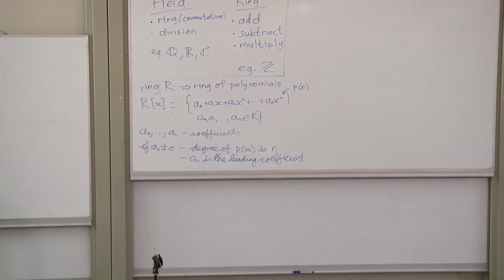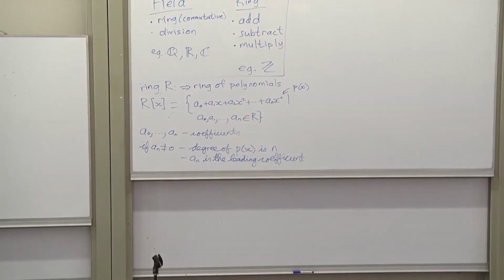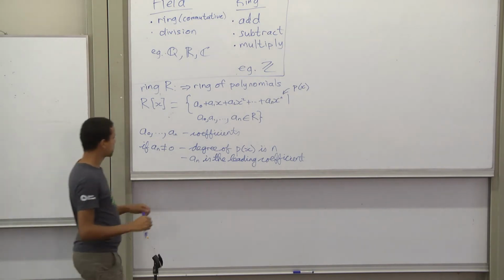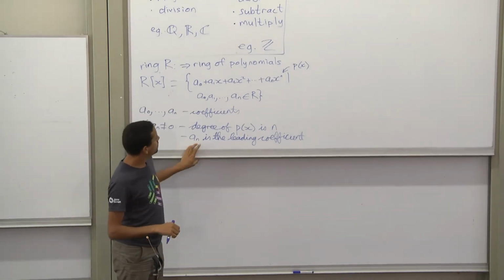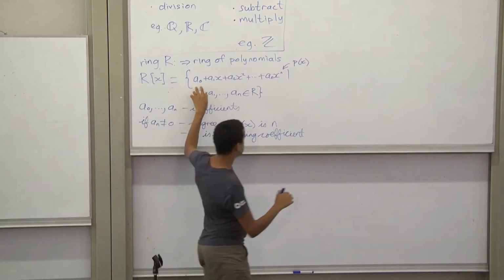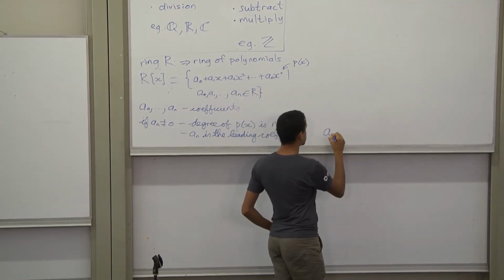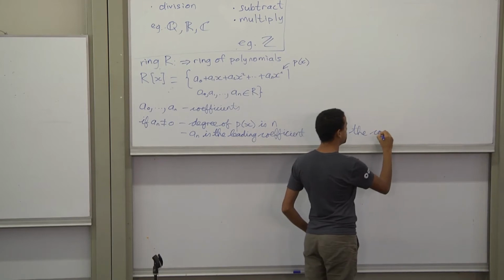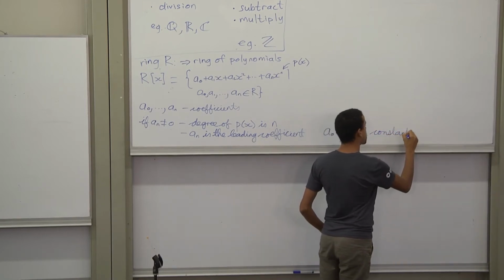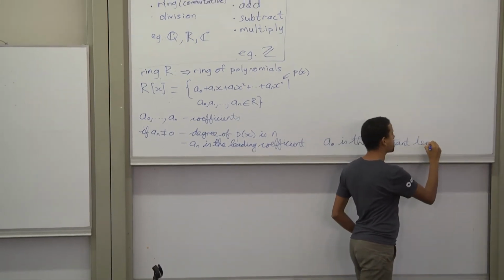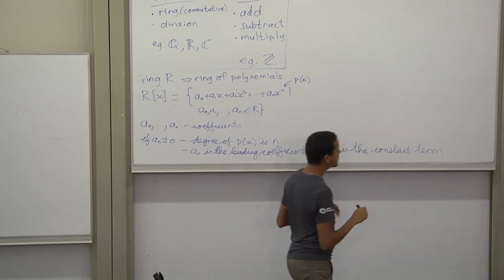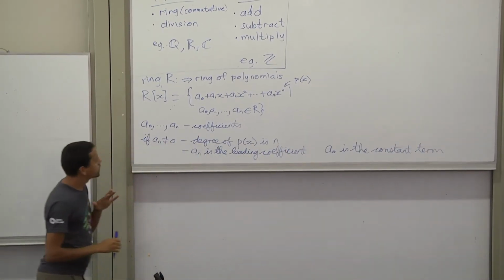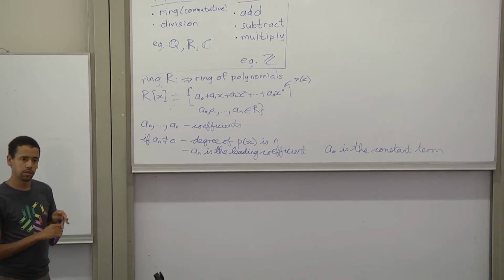An is the leading coefficient, and a0 is the constant term. Okay, so that's some terminology.